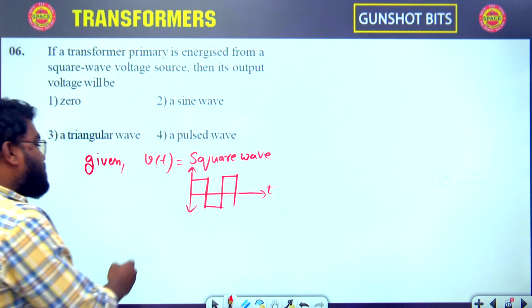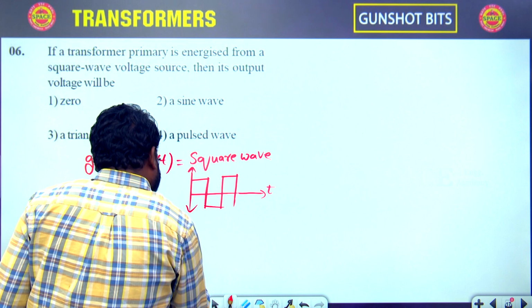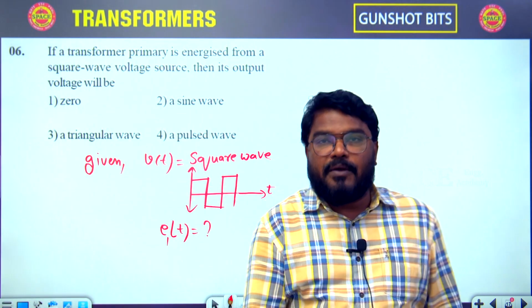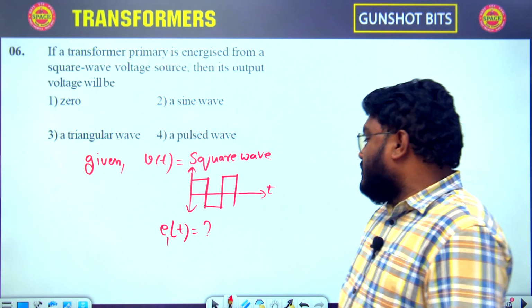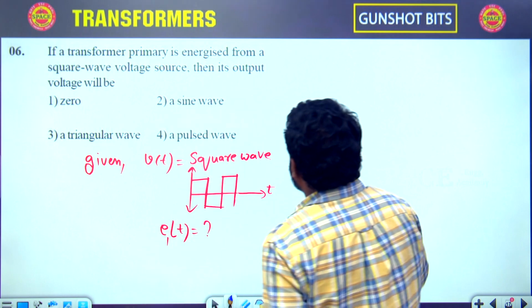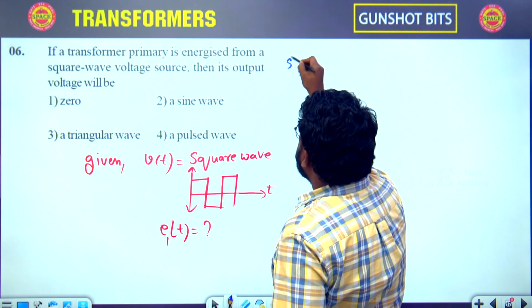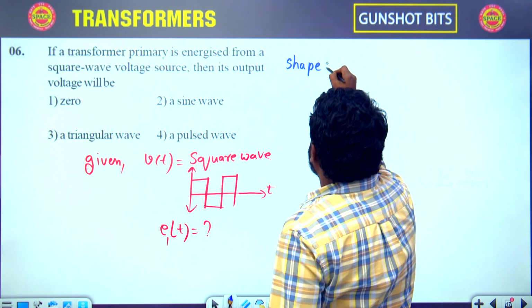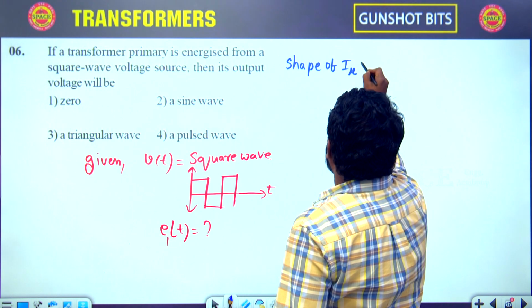And what about the shape of the induced EMF? We need the shape of the induced EMF in the primary winding of the transformer. So how do we get it from the transformer point of view? Let us find out the shape of the magnetizing current in the transformer.